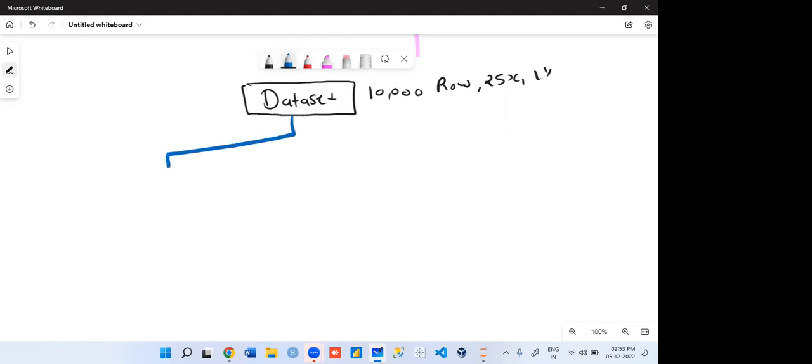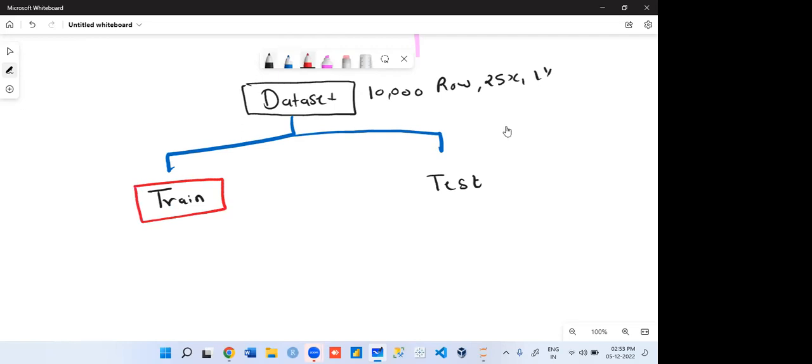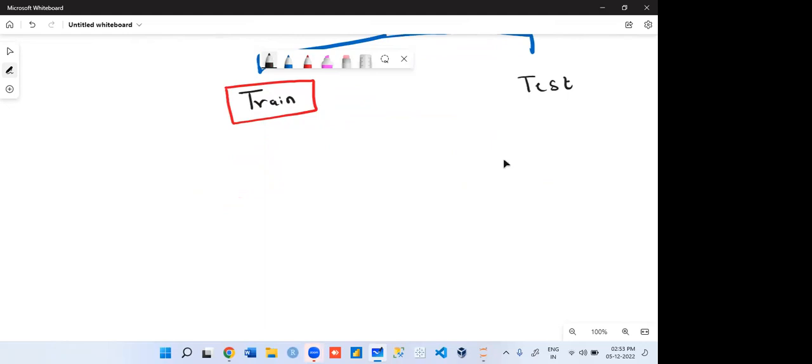Now we split the data into two parts, train and test. Guys, can anyone specify the value of K? Okay, let's take K as 3. For example, I've taken the K value as 3. I decided this randomly. Now what does k-fold do?